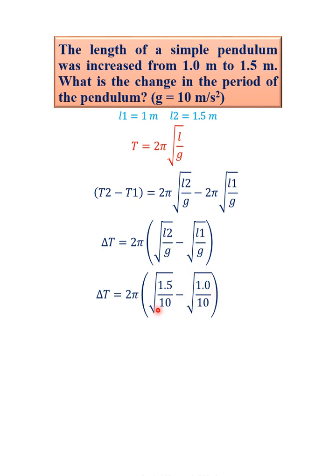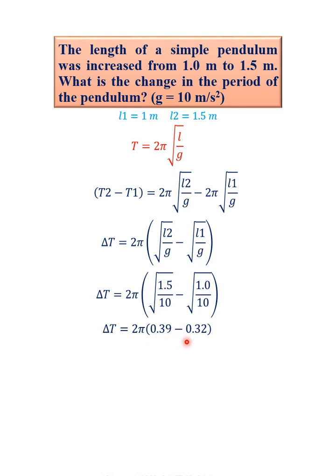If we put this into our calculator, the square root of 1.5 divided by 10 gives us 0.39 approximately in 2 decimal places, minus the square root of 1 over 10, which gives us 0.32 in 2 decimal places. The difference is multiplied by 2 pi, and that will give us the change in the period, which is what we are looking for.